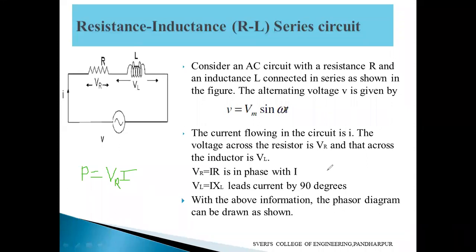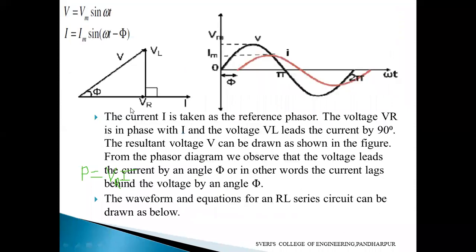So from this phasor diagram, we can write the formula cos phi equal to VR by V. So VR equal to V cos phi.